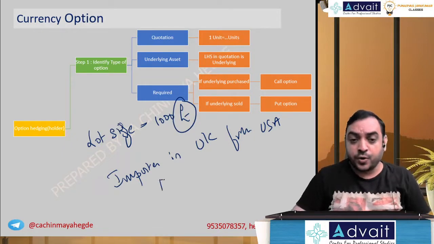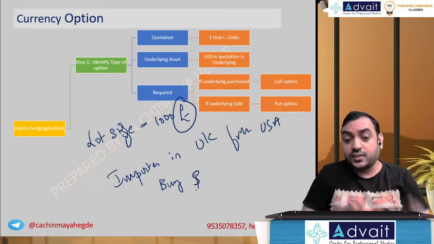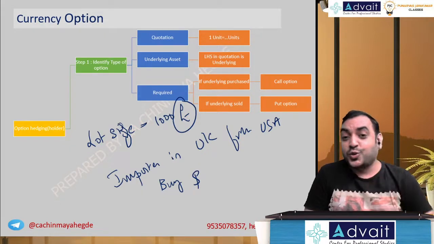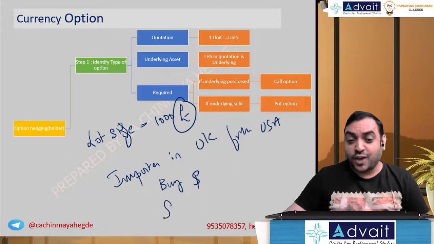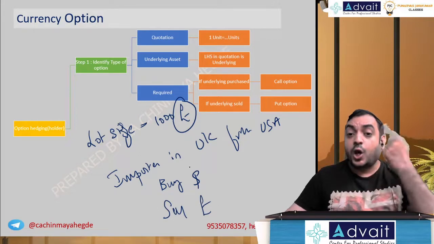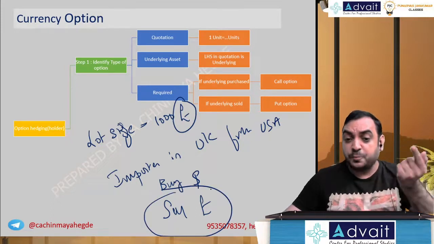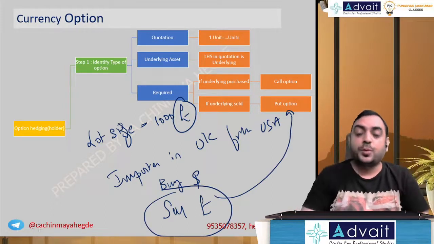Correct, importer will buy dollars. But what is the underlying asset? Pounds. So it is not buying dollars. You have to sell pounds. Both are the same, but dollar is not the underlying asset. The underlying asset is the pounds. So selling pounds means it becomes a put option.